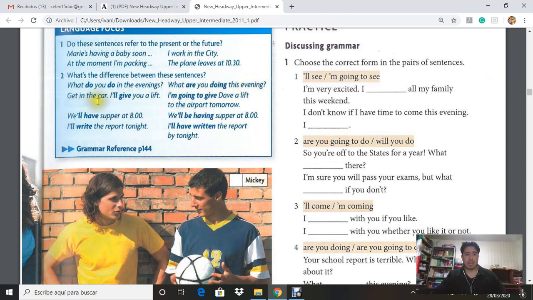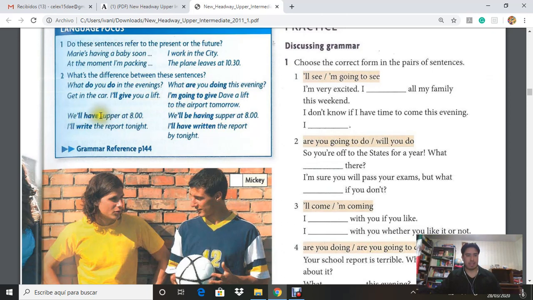This one, get in the car, I'll give you a lift. This is a sentence in simple future with will and is reflecting a spontaneous decision. The second one, I'm going to give Dave a lift to the airport tomorrow. In this case, we are using future with going to talk about a plan that we have made before the moment of speaking.